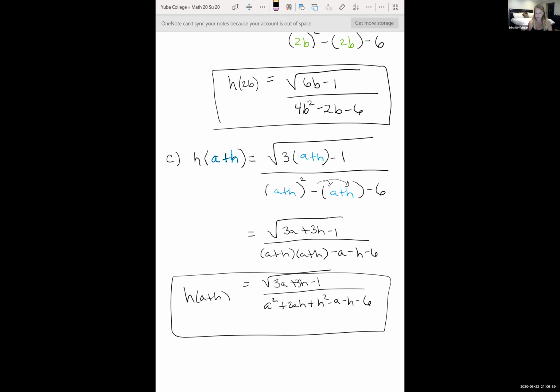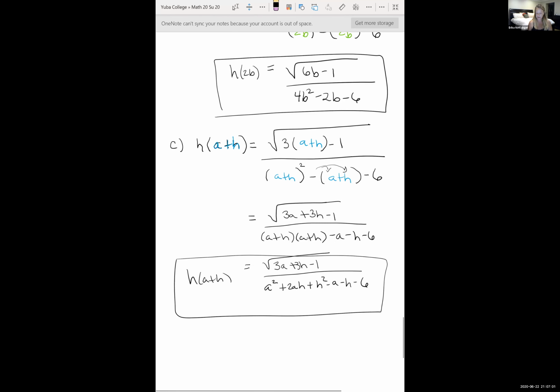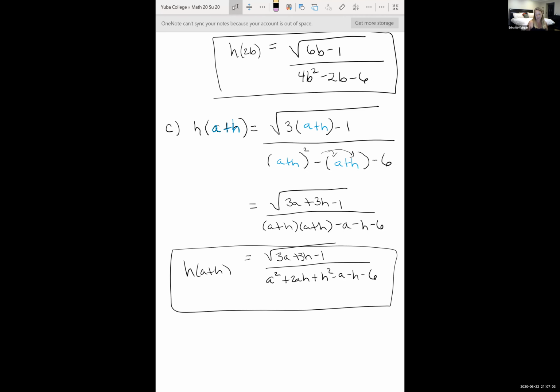And none of those are like terms in the denominator. Nothing simplifies. So technically, this form right here actually looks kind of nicer to me.